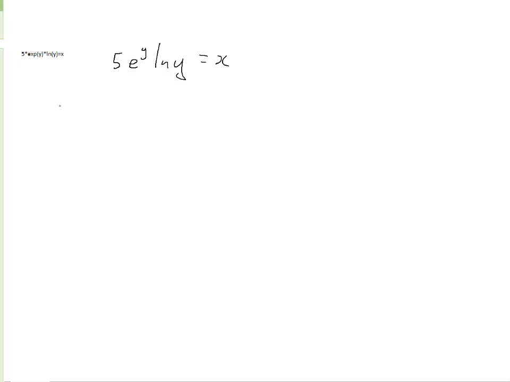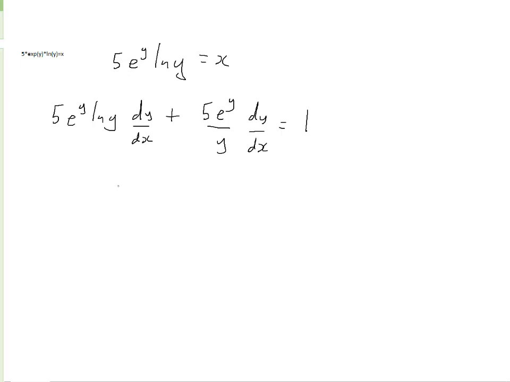So doing this one first, we have 5 e to the y stays the same, log y dy by dx, plus, and then 5 e to the y, that stays the same here. This becomes 1 over y, that's for the log, that's 1 over y, times dy by dx. And this just becomes 1.